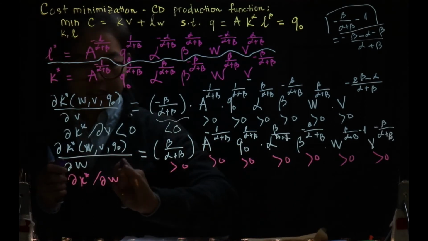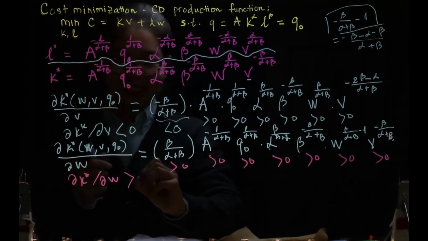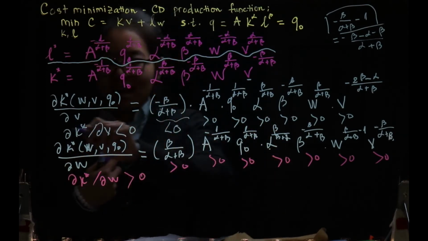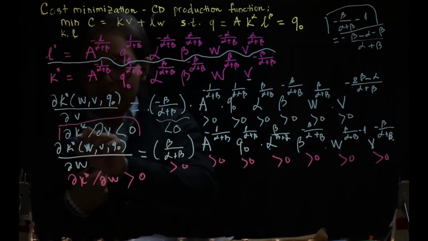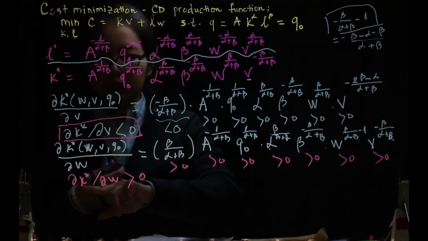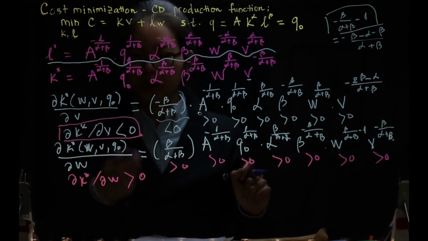Positive is a sensitive term during this special time. Okay? So what does it say? It says that when the price of labor or another input increases, the use of capital will increase.